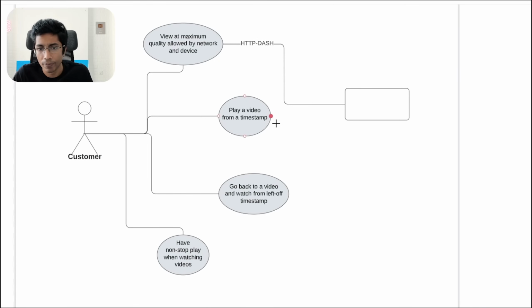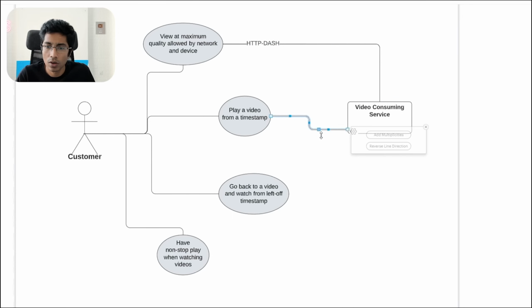Now for the next bit. Play a video from a timestamp. This means that every video needs to actually store a corresponding timestamp for a particular user. Okay, that can be done. We need to have an object here. Our service, which is video server, a video consuming service, is going to be used by end users.